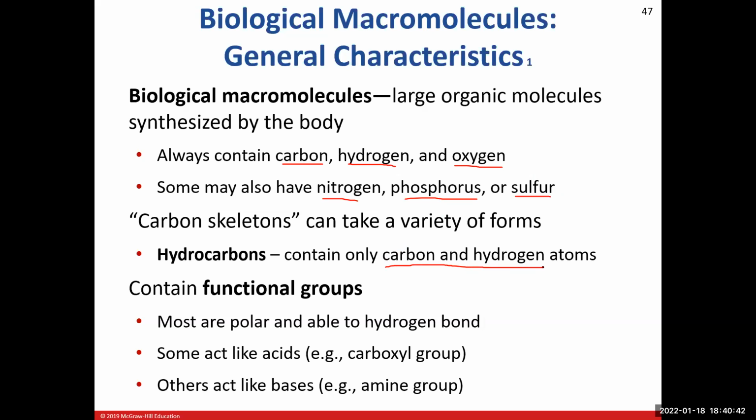So when we're looking at these macromolecules, parts of these molecules are going to contain what we call functional groups. And these functional groups give a lot of properties to these items.